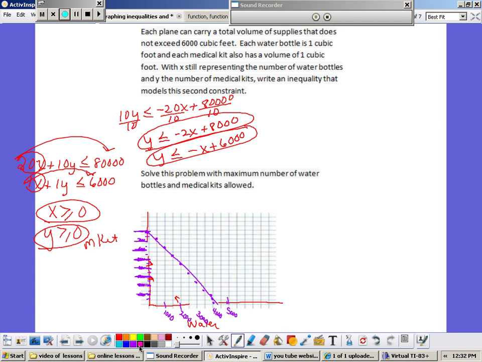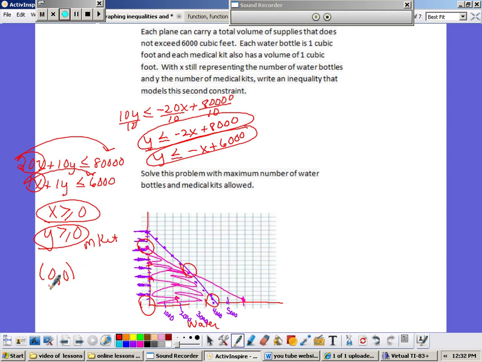Okay, on the other one, we're starting at 6,000 and going down 1 over 1, so we're going to go over to 6,000. They're both underneath, so we're coloring in here. Now, once we find our colored area, what we have to do is find all the vertices. One of our vertices is 0, 0.